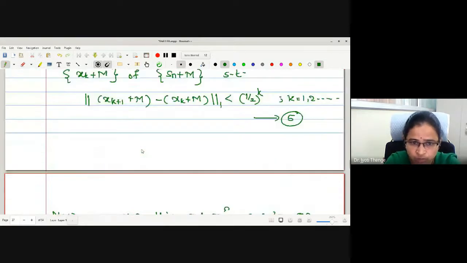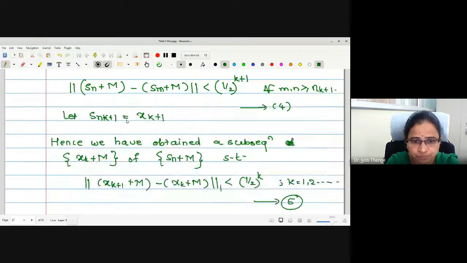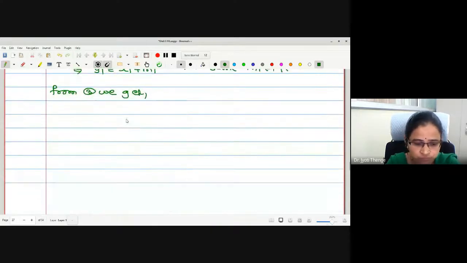Norm of x2 plus M minus x1 plus M is less than half. This I am using. So the norm, norm 1, of x2 plus M minus x1 plus M is less than half.